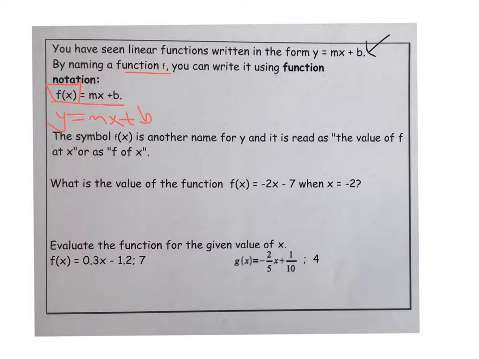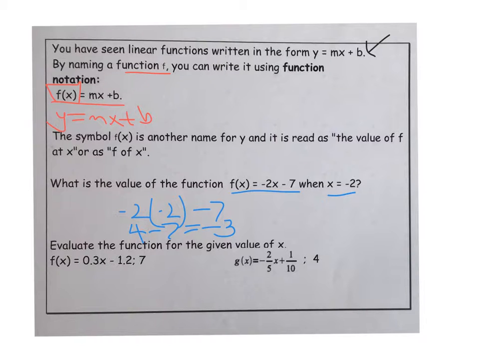So in this one, what I would do is say the function's value is going to be when x is -2. I'm going to substitute in -2 times -2 minus 7. So it's going to be 4 minus 7, so this function's value is -3.